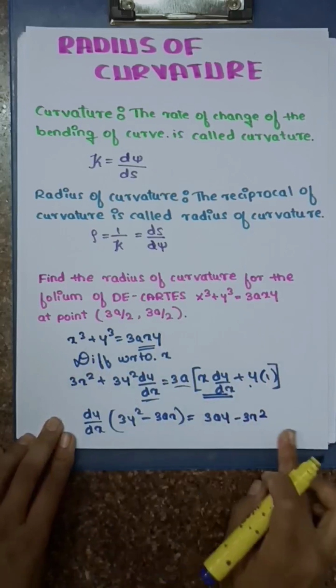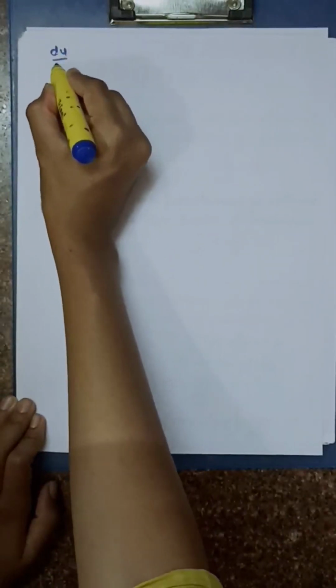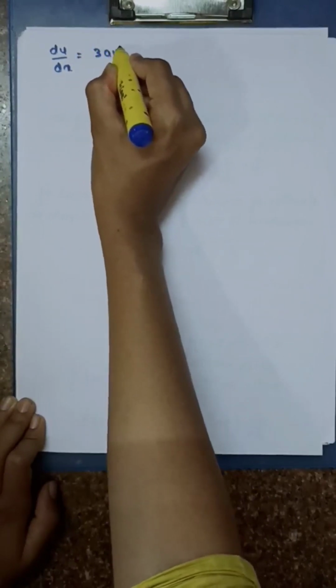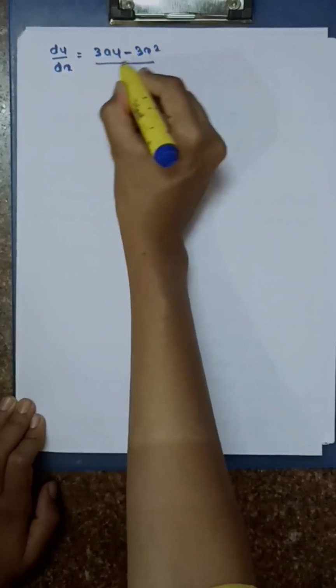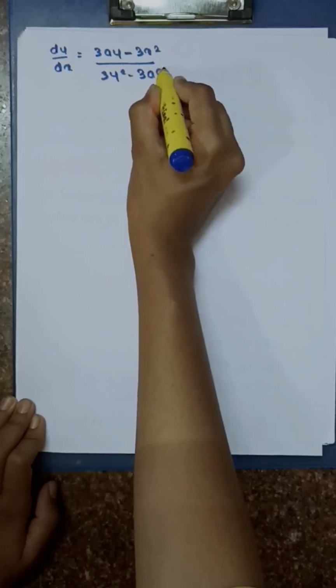So now we will simplify this further. dy by dx is equal to (3ay minus 3x square) divided by (3y square minus 3ax).